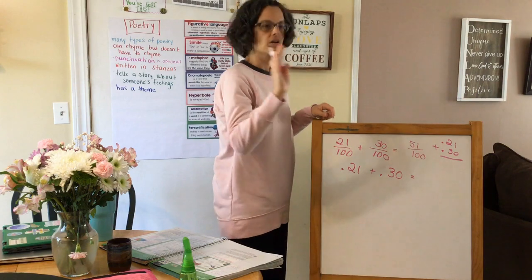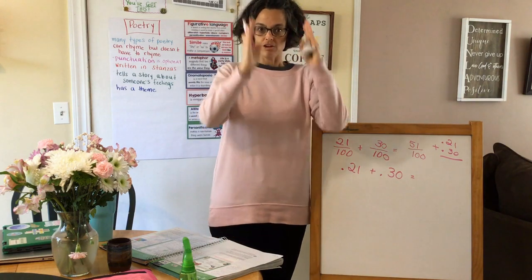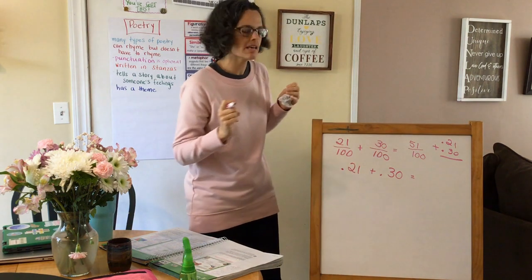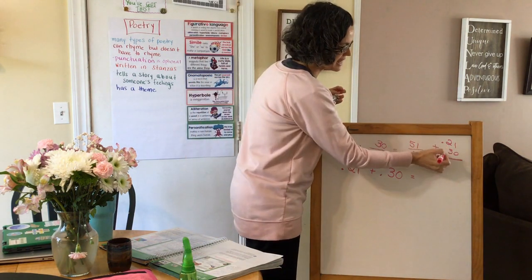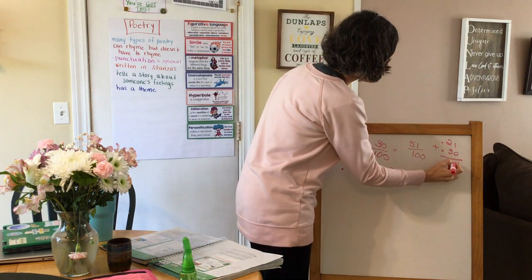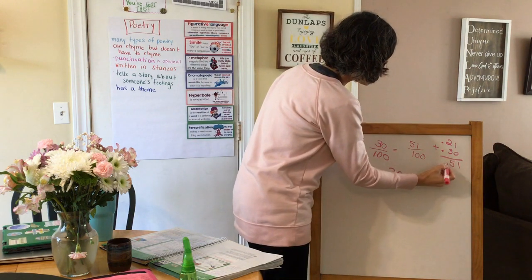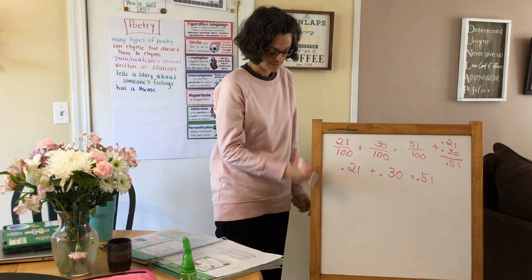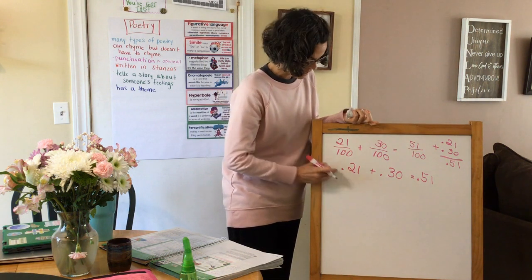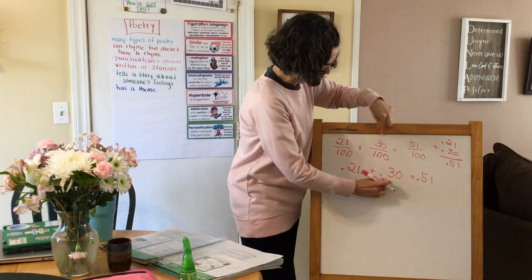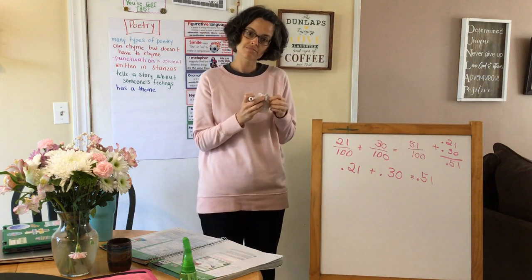We've always been so worried about getting your columns in order, the ones lined up, the tens, the hundreds. Well, it's the same thing. You just want to make sure you have your decimal points lined up. Then you add them up. 1, 5, decimal point, so we have 51 hundredths. See how they're related? 21 hundredths plus 30 hundredths equals 51 hundredths.